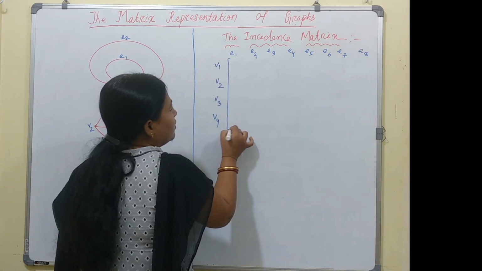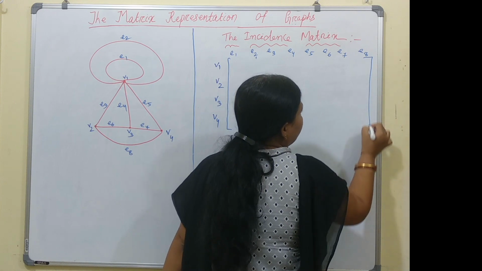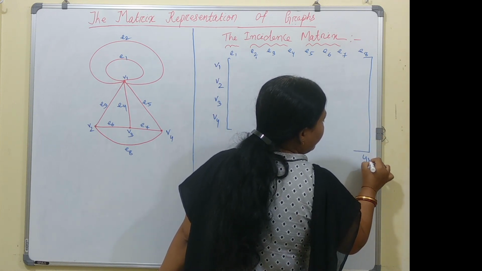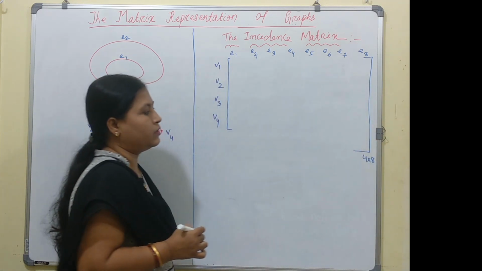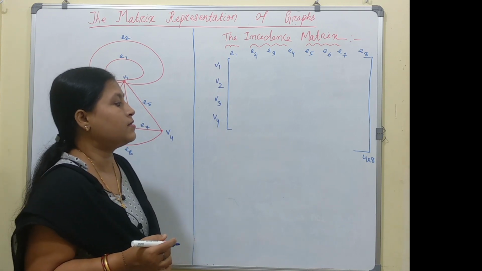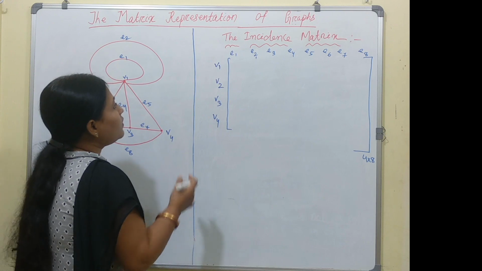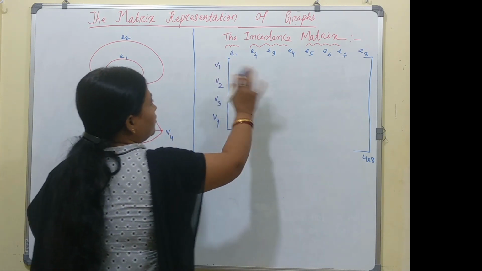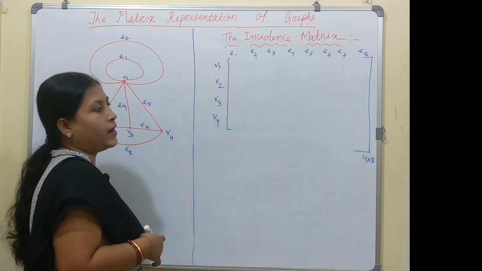So we get the incidence matrix of order 4 by 8, because the number of vertices is 4 and the number of edges is 8. Next find the elements of the matrix.